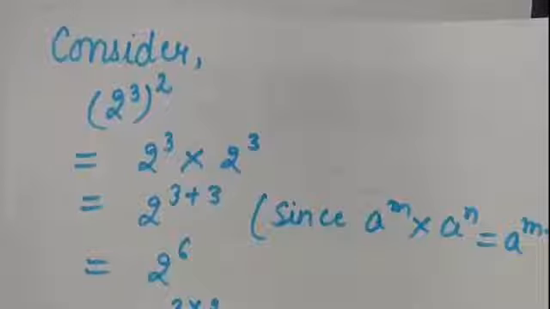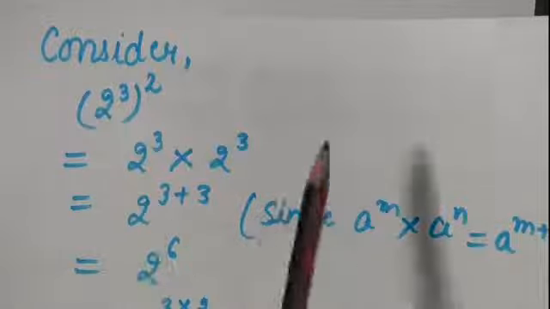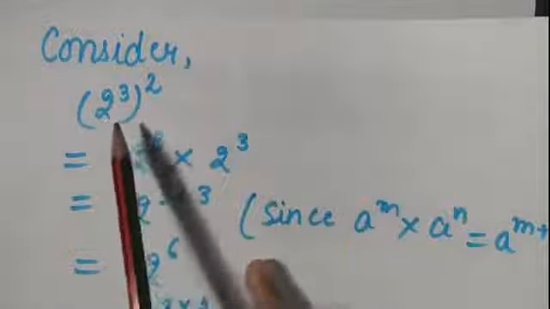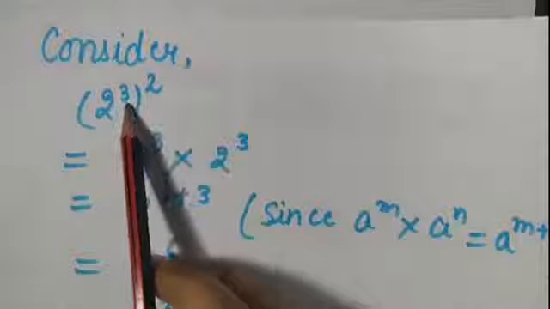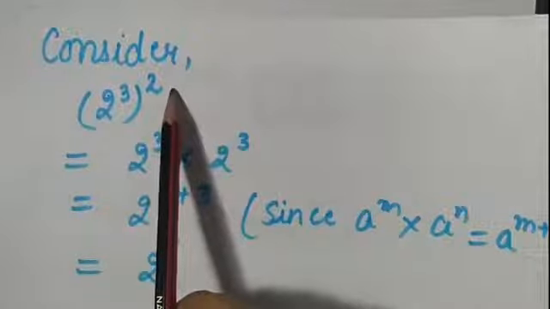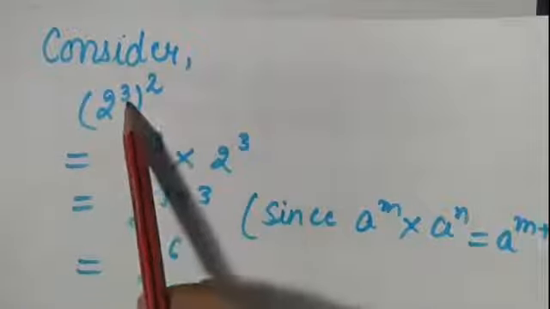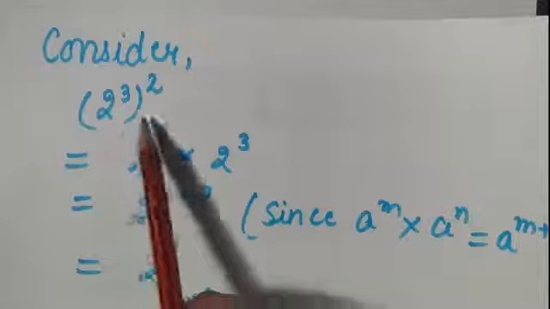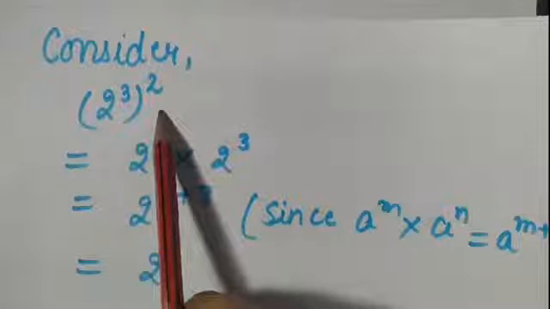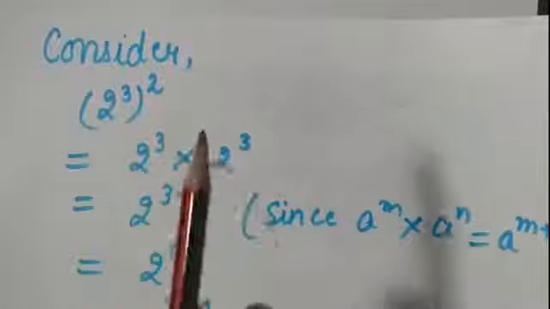Now come to the third law of exponent. For understanding that, let us consider some examples. Here, 2 raised to the power 3 whole raised to the power 2. Again I am reading this exponential number: 2 raised to the power 3 whole raised to the power 2. What does this number mean?